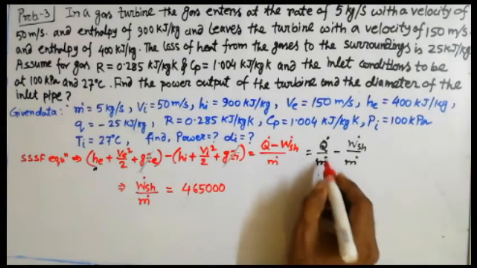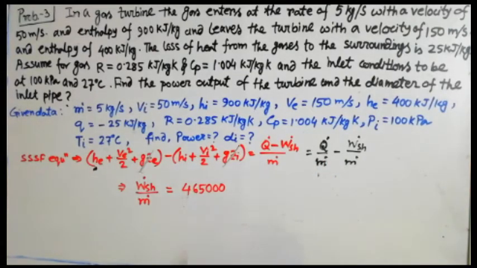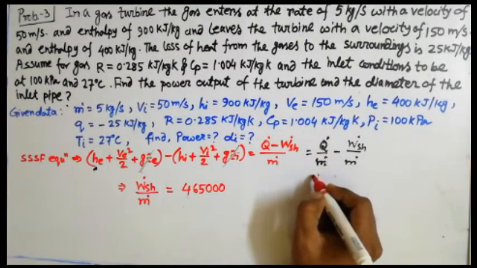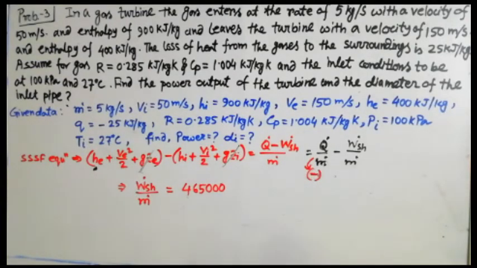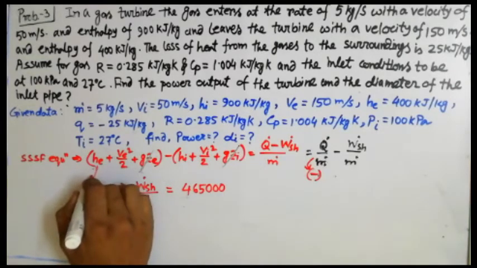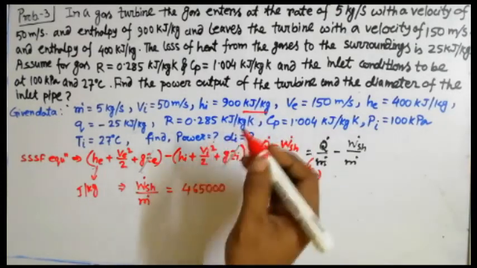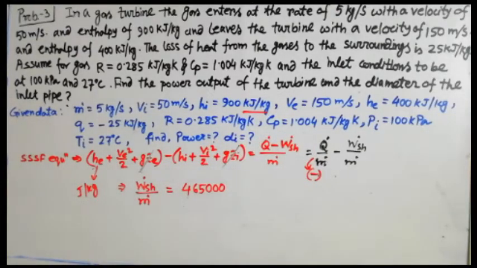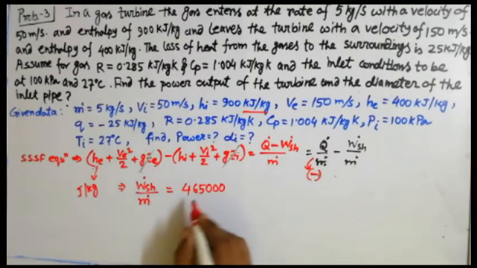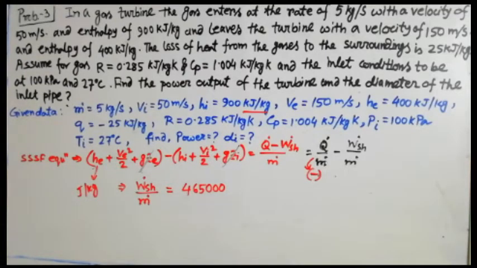Mind it that Q dot by M dot should come with a negative sign while you are putting it in, because there is heat loss. Don't ignore that negative sign. The specific enthalpy comes in joule per kg, but here it is given in kilojoule per kg, so you have to multiply by 10 to the power 3 on both sides. That way you can find W dot SH by M dot.